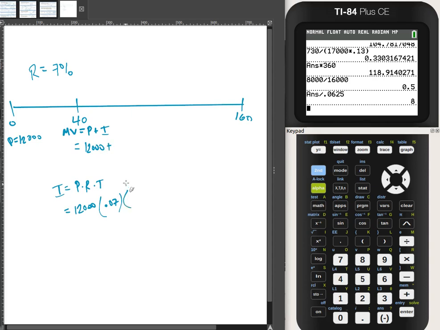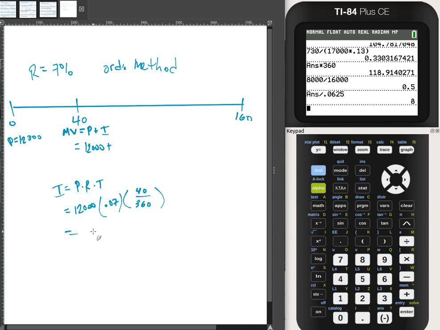We're using also the ordinary interest method. I will write ordinary method just so that we can keep this one in mind. So the amount of interest is going to be after 40 days out of 360 days.